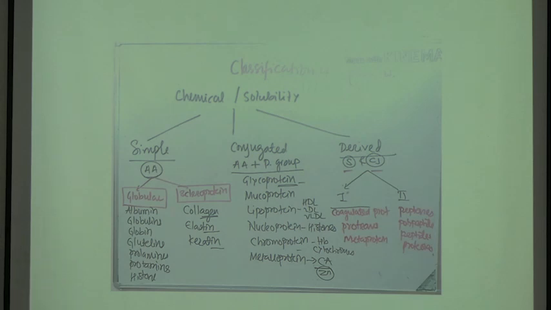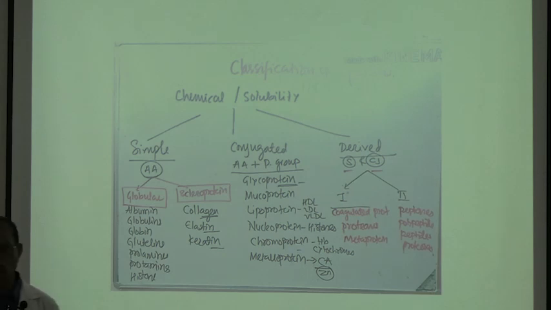Simple protein is again further divided into two, globular protein and scleroprotein. For globular protein, examples are albumin, globulin, glutelin, prolamine, protamines, histones.